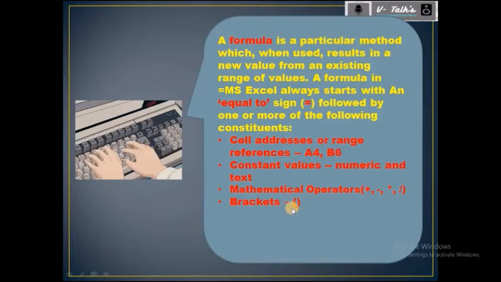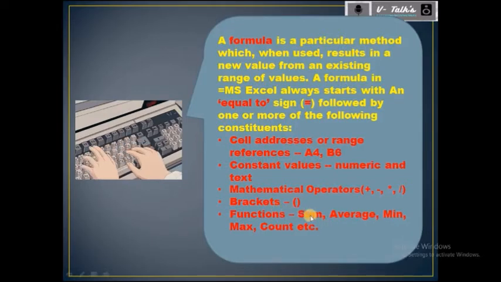You may have used them in mathematics; we will learn, don't worry. Then what will come? Functions. Functions you will study in the next portion, not in the next chapter. Some functions are there to find answers easily, like sum, average, min, max, count, etc. No need to worry about this. We will study this later.